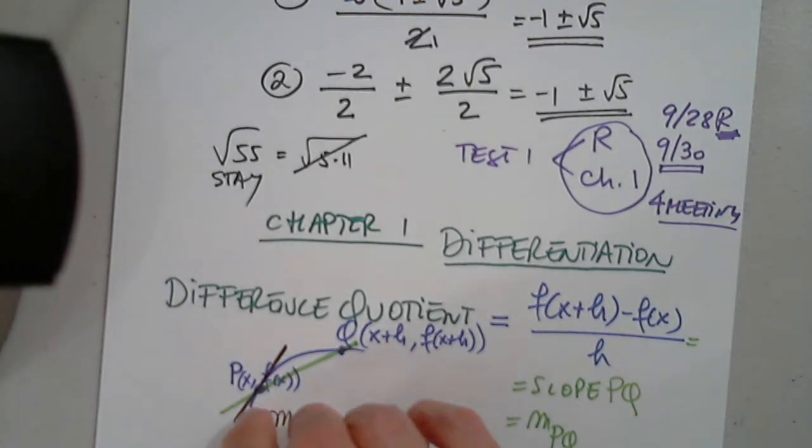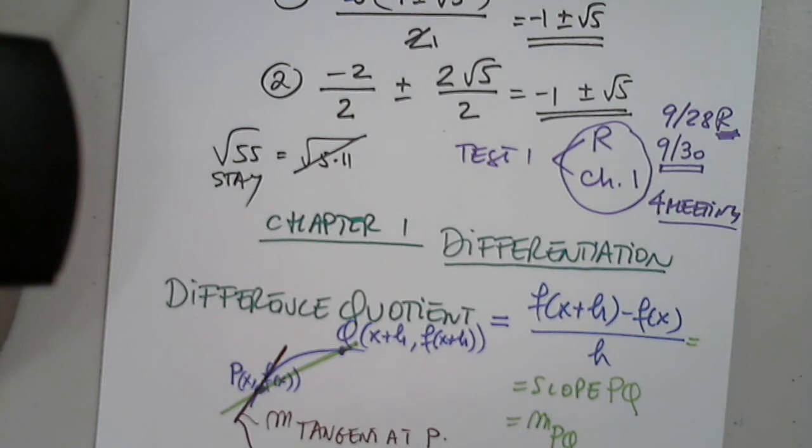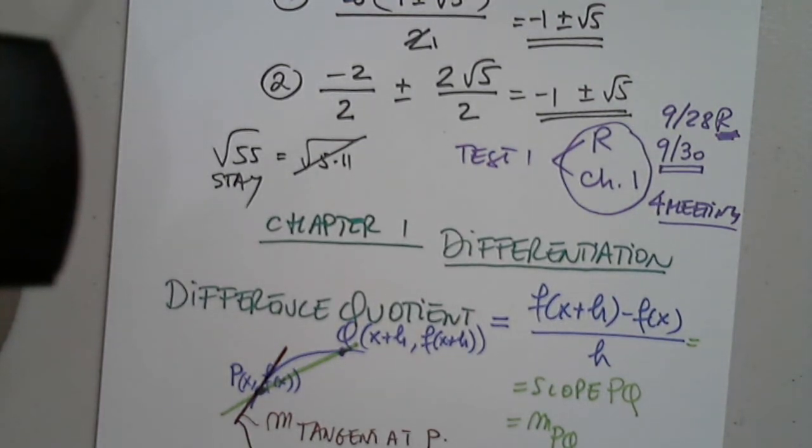Okay, what's the difference between the slope of PQ and the slope of the tangent line at P? And I'm going to switch so you can see me so I can explain for a second. Okay, so I'm driving to New York, and you will ask me when I come back, what was your average speed?